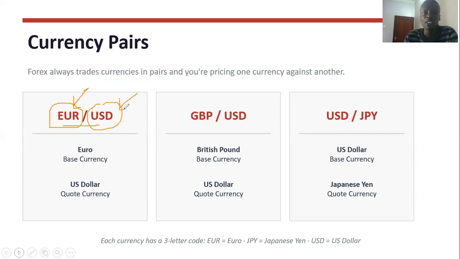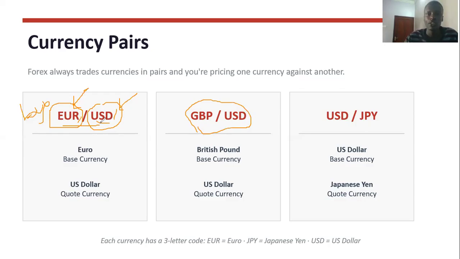So if I buy the EUR/USD, I am buying the Euro and I'm selling the USD. That is how it works. Currency pairs trade against each other, and we come to pair them up mainly using the first three letters of a currency's code, such as EUR or USD.